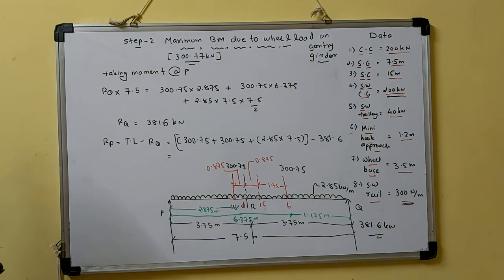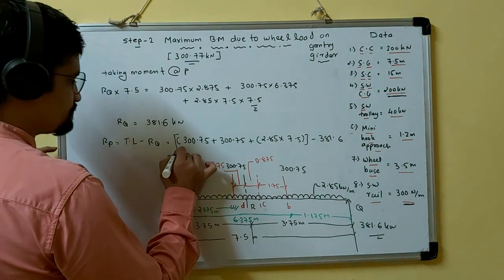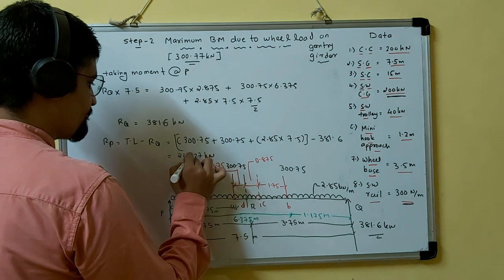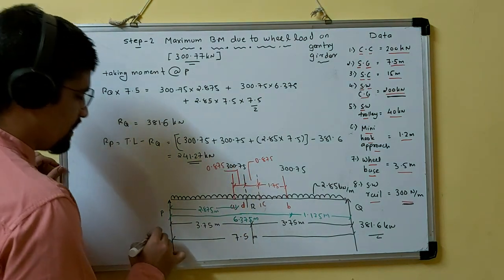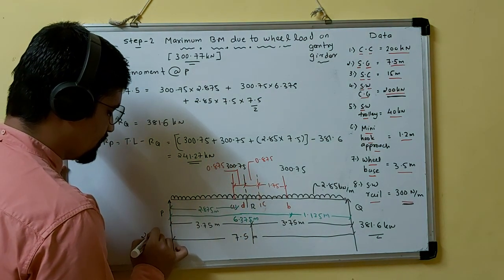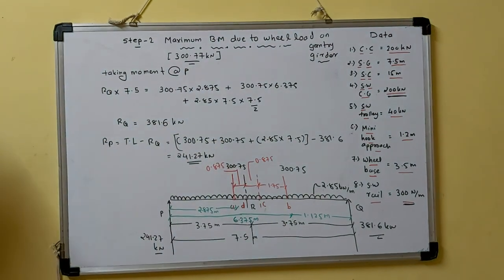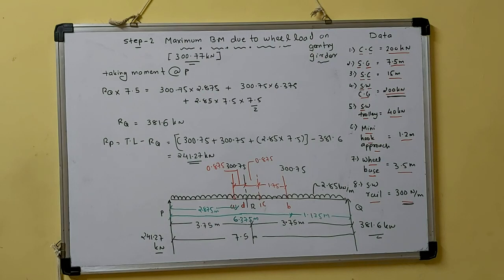RP will be 241.27 kilonewton. Now let's check what is the value of the bending moment due to A and B.